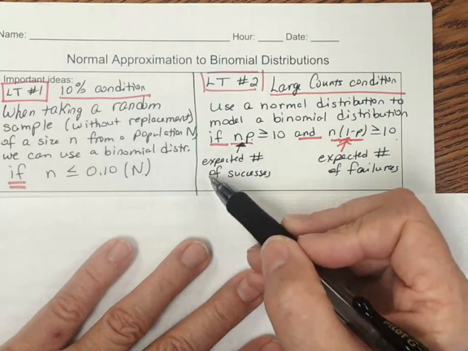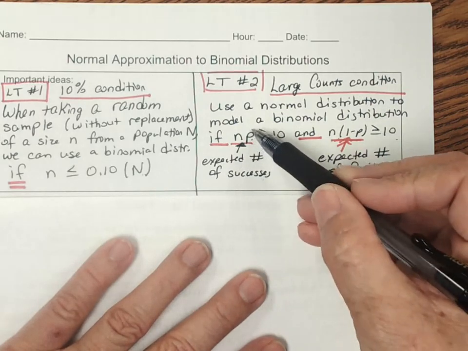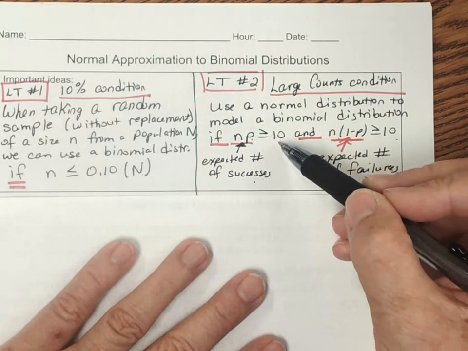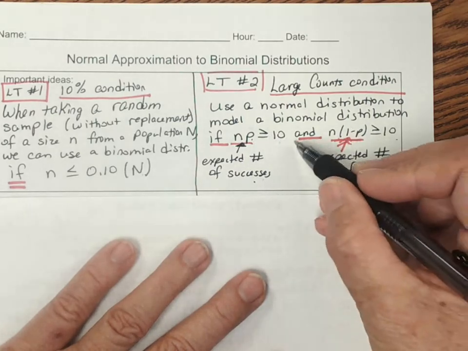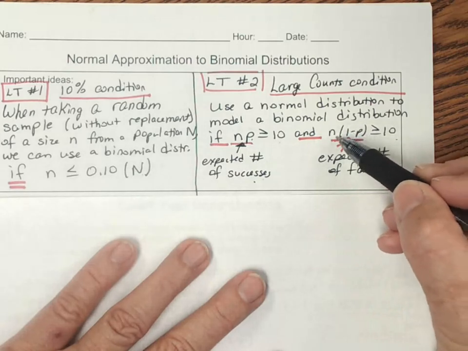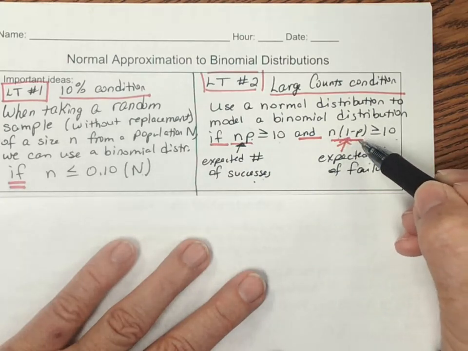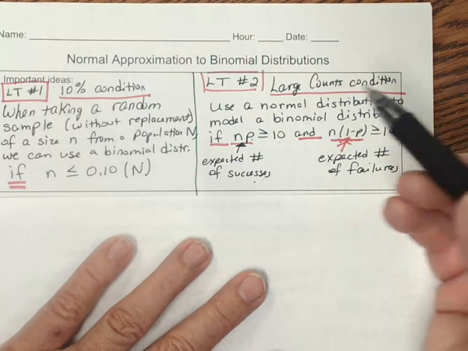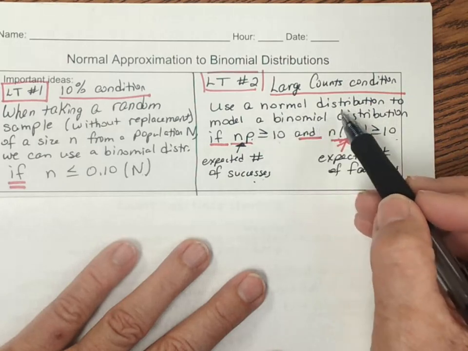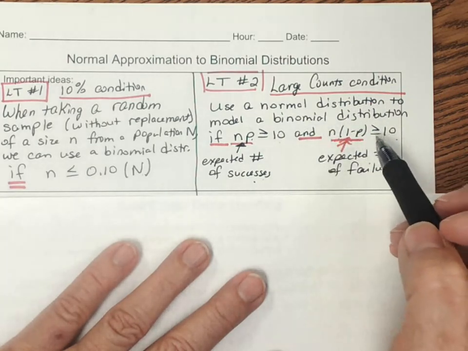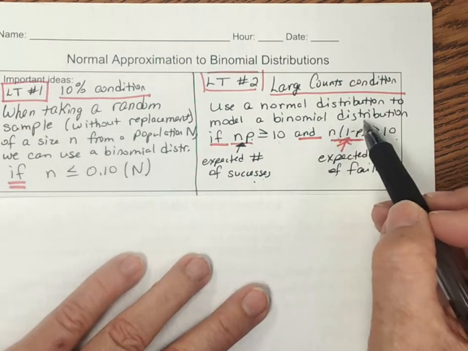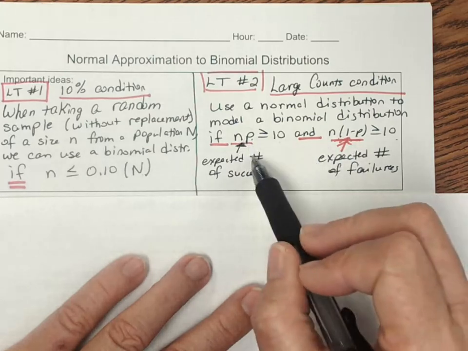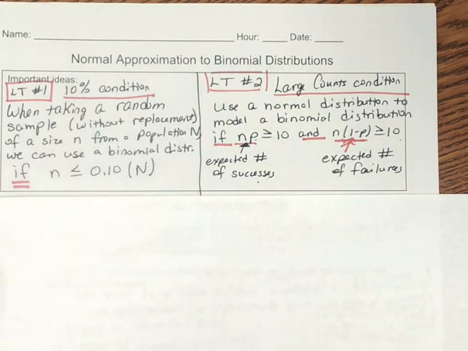Basically, n times p is the expected number of successes, and if that is greater than or equal to 10, and you have to have both of these things, and n times the probability of failure is greater than or equal to 10, then we have the large counts condition. And again, it allows us to use a normal distribution to model binomial, provided I meet these two conditions and this 10%.